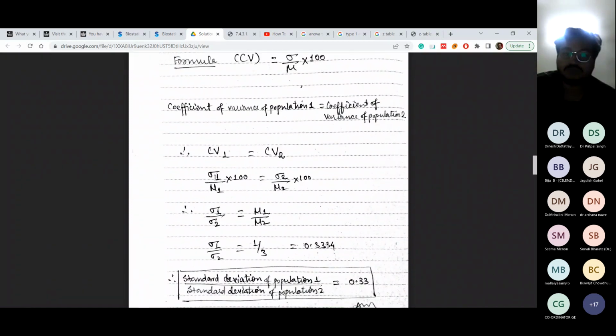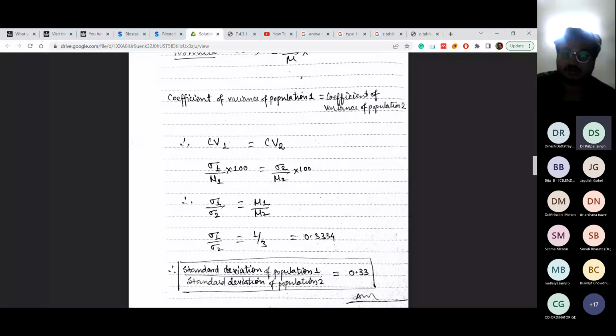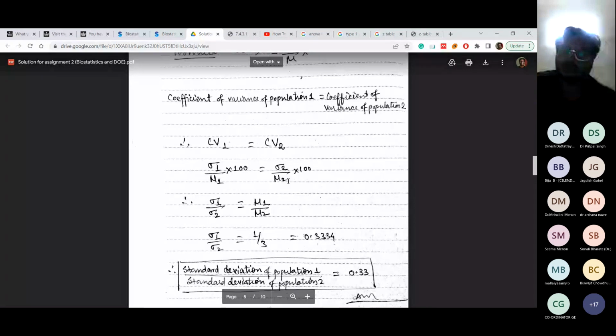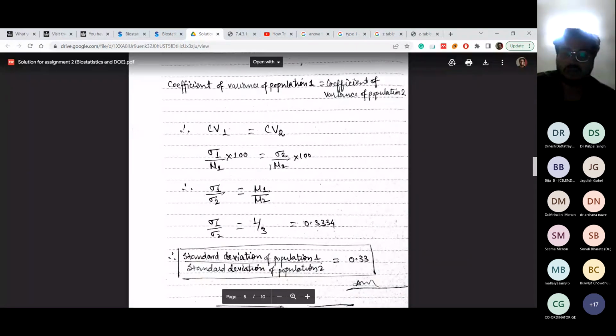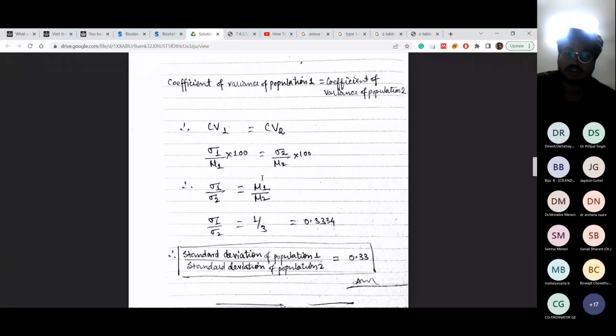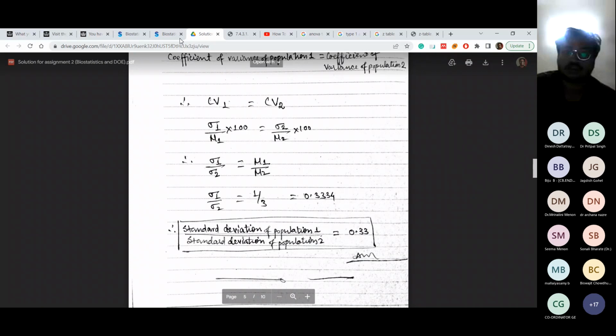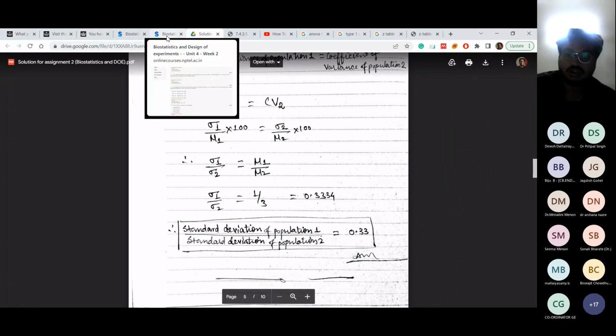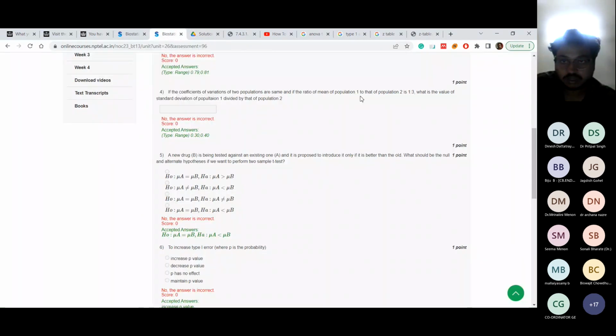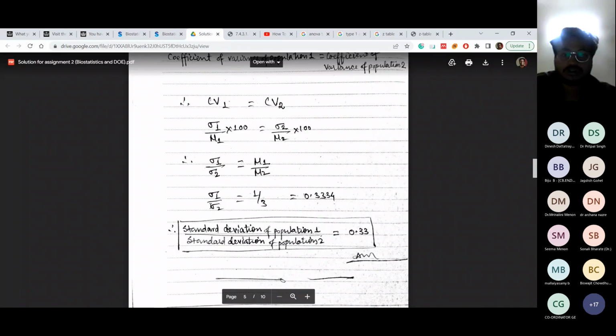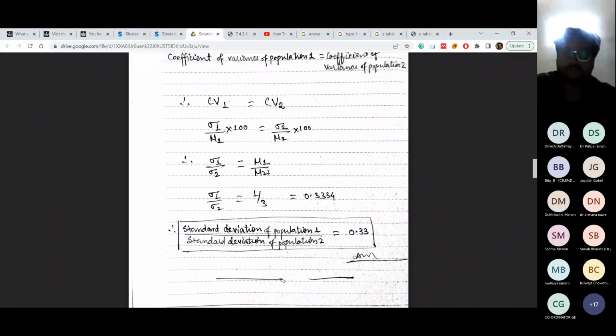For the first population, the standard deviation is sigma 1 and mean is mu 1. For the second one, it's sigma 2 by mu 2. If you equate them and move the sigmas to one side and the mus to the other, you see that the ratio of standard deviation is equal to the ratio of means, which is given as 1:3. So the ratio of standard deviation will be 1/3 again.